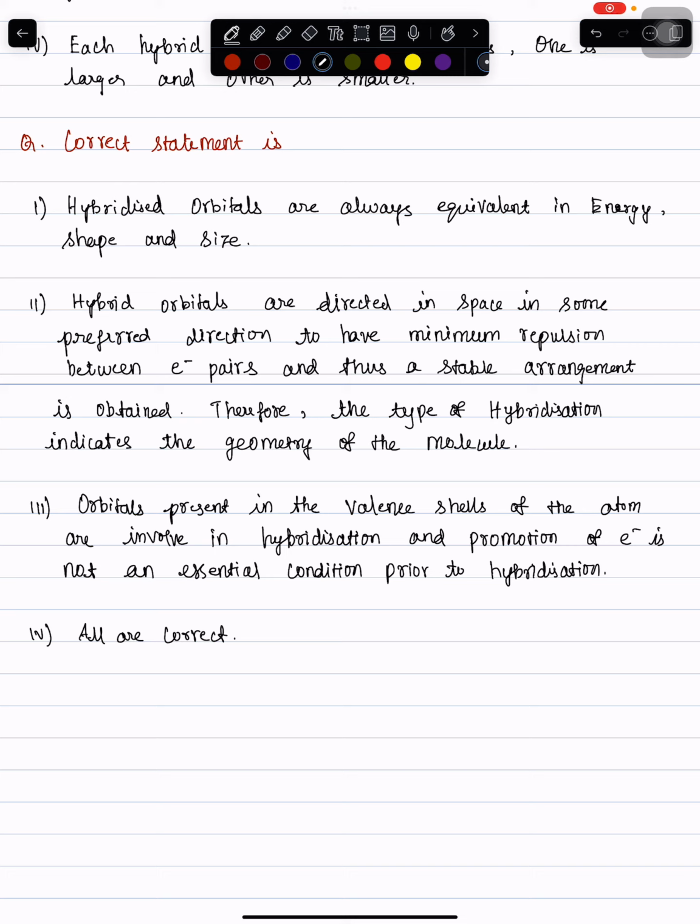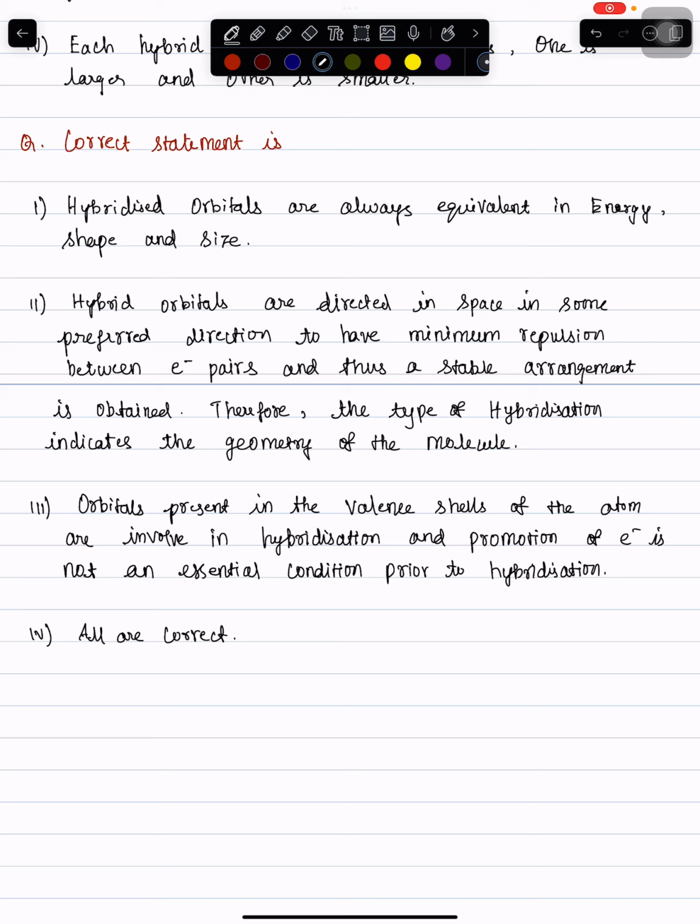Because all are electron pairs, those electron pairs may repel each other. That's the repulsion between lone pair, bond pair, everything you might have studied in VSEPR theory, which is called valence shell electron pair repulsion theory. So it should have minimum repulsion so that it makes a perfect geometry. So that is also correct.